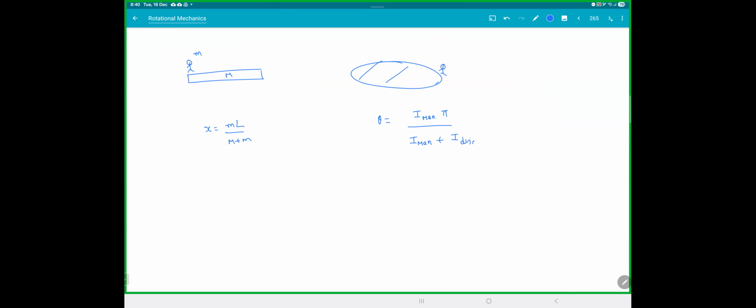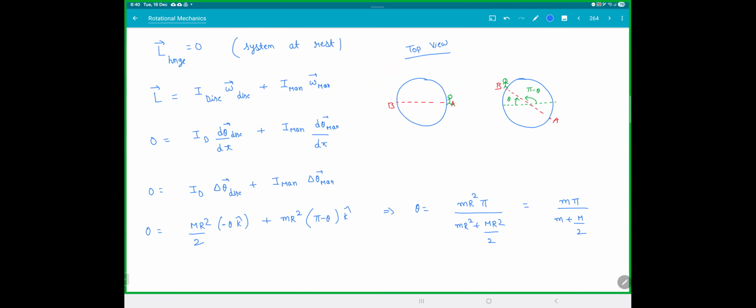Is that clear, everyone? So L becomes the angular displacement here, the angle rotated, and mass becomes the moment of inertia. All clear with this? Yeah, that's a decent question.